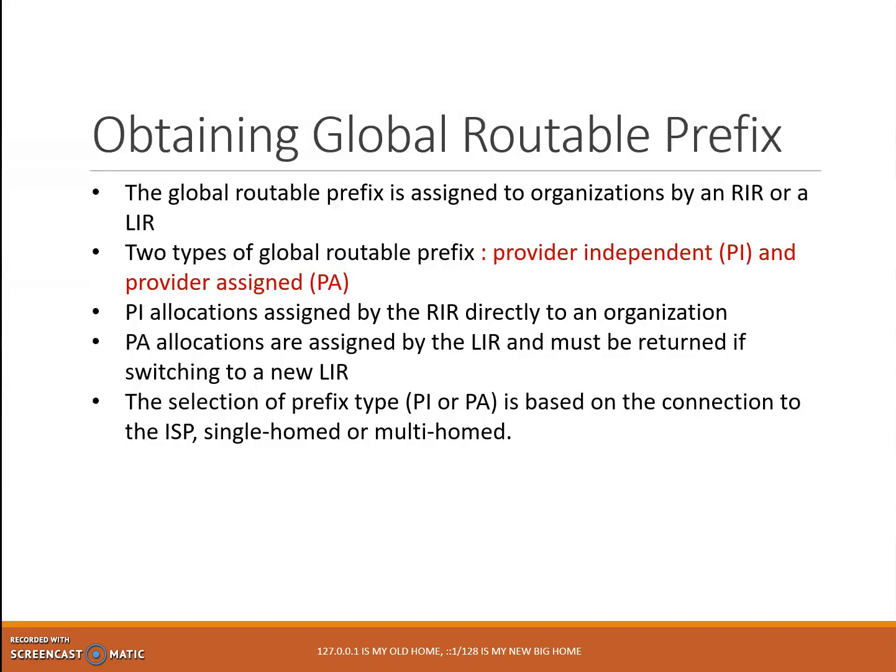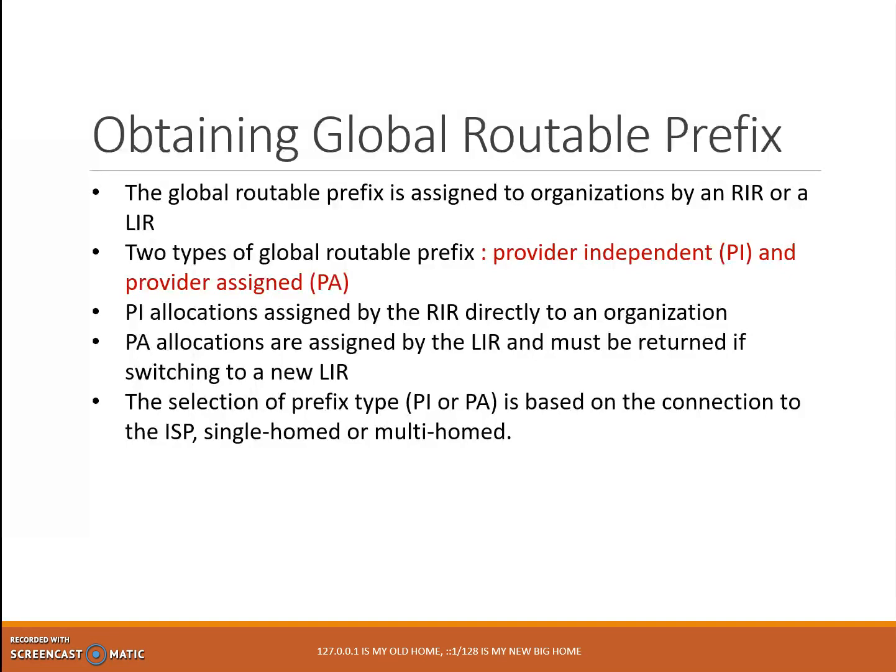Before selecting between PA or PI, it is important to know your organization: is it single-homed or multi-homed? Single-homed means connecting to a single ISP, and multi-homed means connecting to more than one ISP. This is important because a multi-homed organization, for redundancy, must have portable PI allocations.